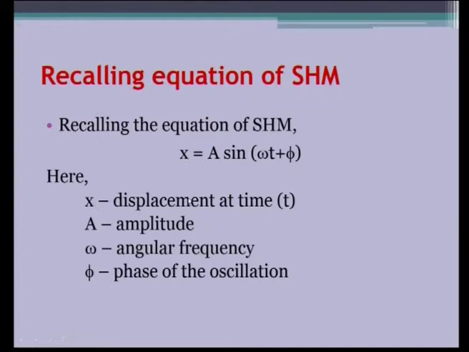x is the displacement at a particular time t, the x and t are there in the equation. A is the amplitude, the maximum displacement, and omega is the angular frequency, which has the relation with respect to the angular speed of the uniform circular motion, which could also produce the SHM along a particular line of projection, and phi is the phase of the oscillation, which is the initial angular position of the oscillation.